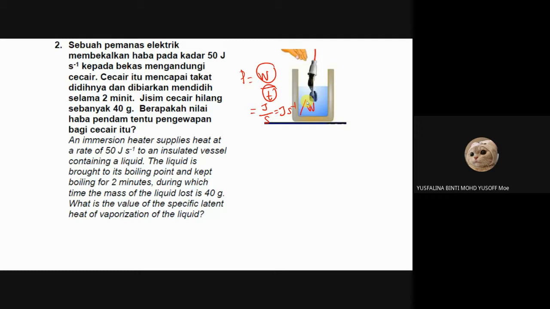After that, it said the liquid is brought to its boiling point and kept boiling for 2 minutes, during which the mass of liquid lost is 40 gram. What is the value of the specific latent heat of vaporization of the liquid?